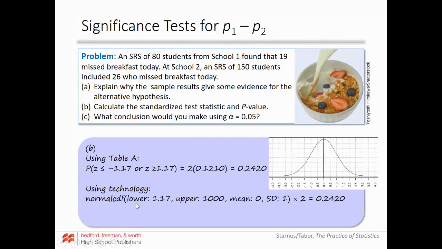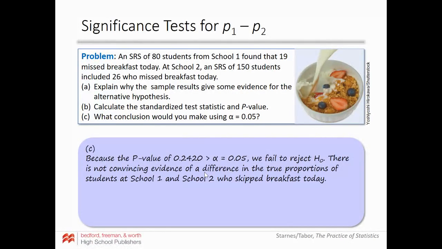If you were to use the normal CDF, you could do the same idea. You could do 1.17 to 1,000 and then double it, or you could do two separate calculations and add them together, but you're going to notice they're going to be the same thing. Okay, so there's a couple ways you could do this, but it's really important to realize that if I'm doing a two-tailed test, I do shade in both directions, and I remember to double that value.